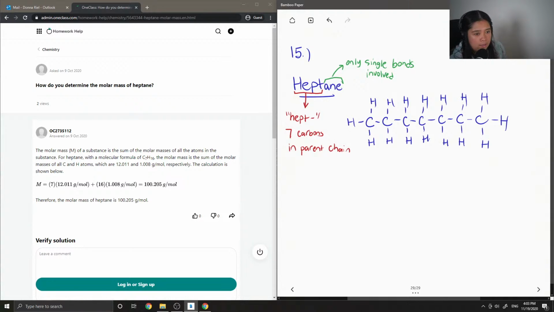So now that I have the long chain of heptane, I can figure out its chemical formula. So it'll just be C7H16.